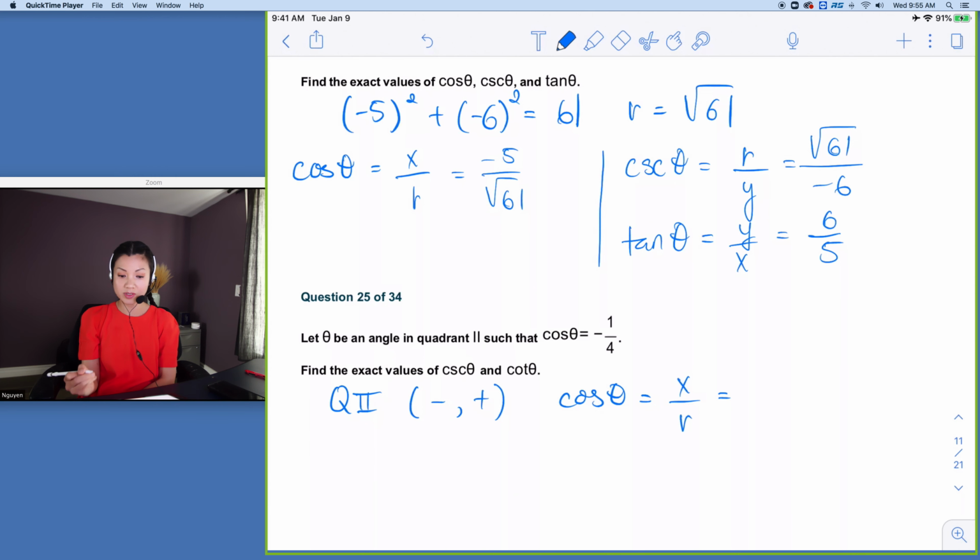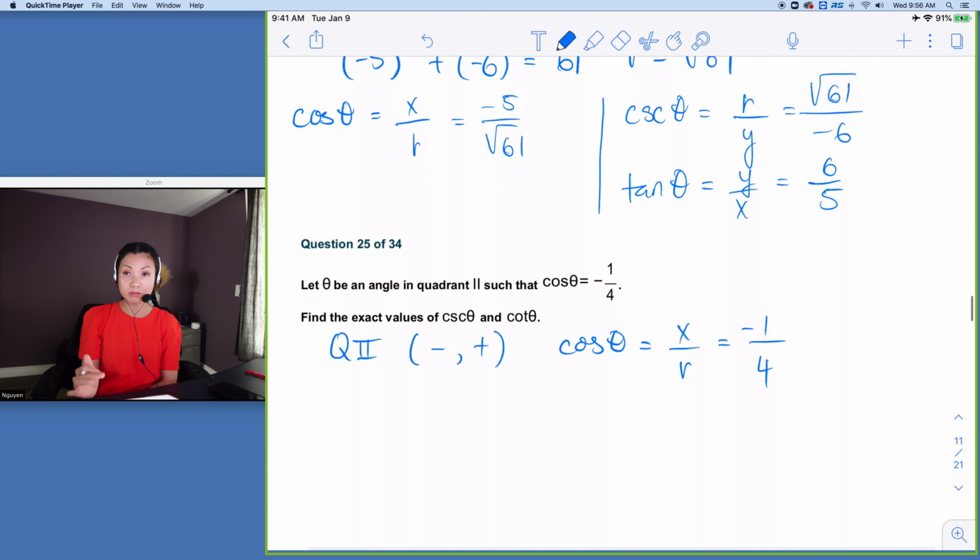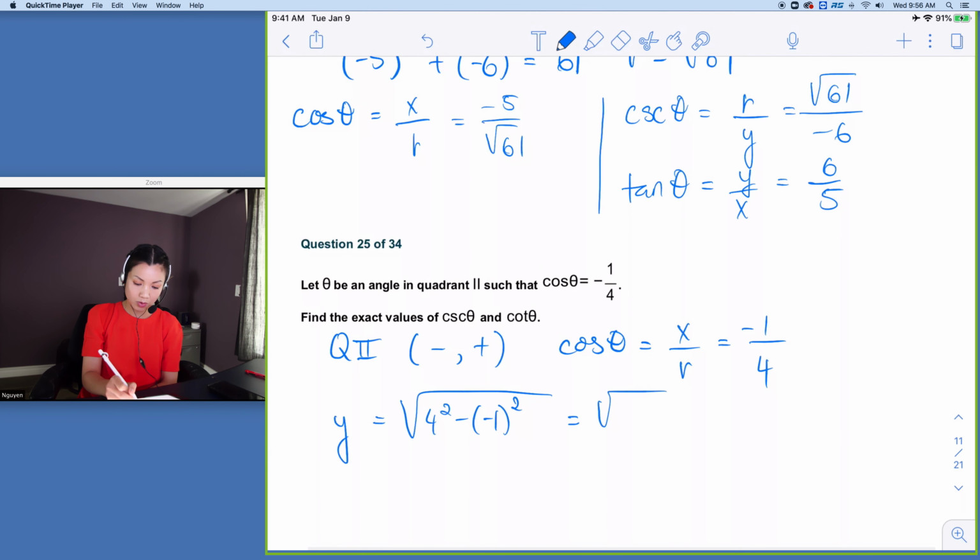So r is always positive, and then they have the negative there. So we know that the negative is going to be for x. So from there, we're going to figure out y. So y is going to be square root of r, which is 4 squared, minus negative 1 squared. So y is square root of 15. Okay, so make sure y is positive because we're in Q2.